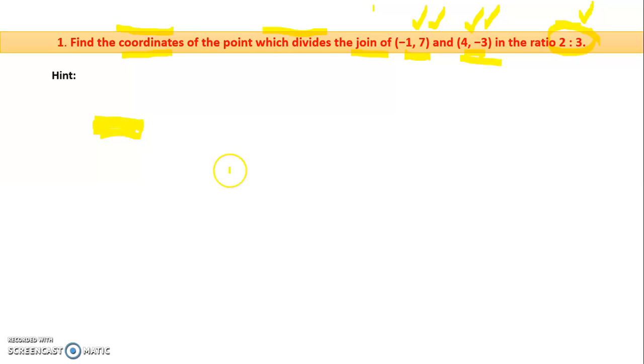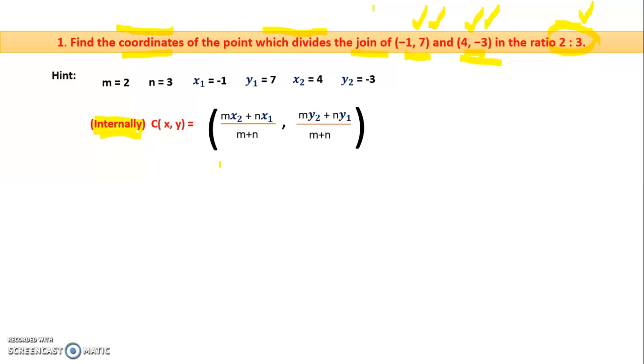The same problem I discussed in the section formula video. So write down the values and apply the internal formula. What is the meaning of internally? I explained that, and what is the meaning of externally, I explained in the section formula video. In the section formula, internally and externally, two different formulas are there.